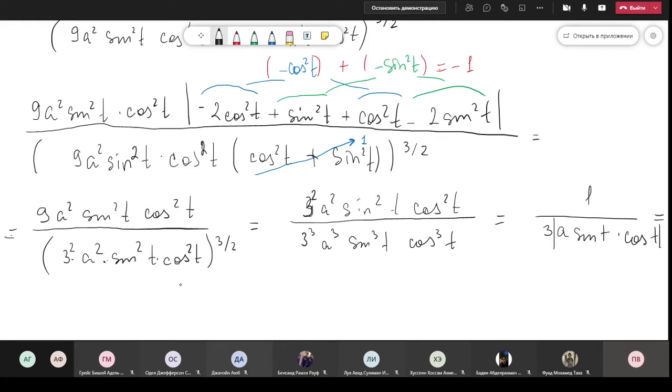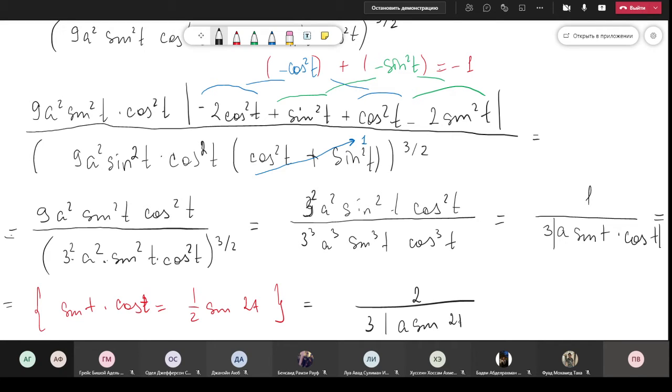Or if we don't forget that sine of t times cosine of t equals 1 over 2 sine 2t, we can rewrite it as 2 over 3 modulus a sine 2t. Good. Ended.